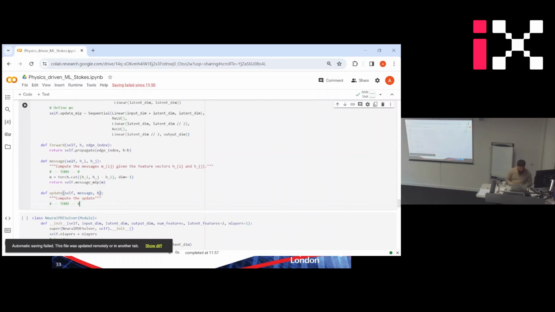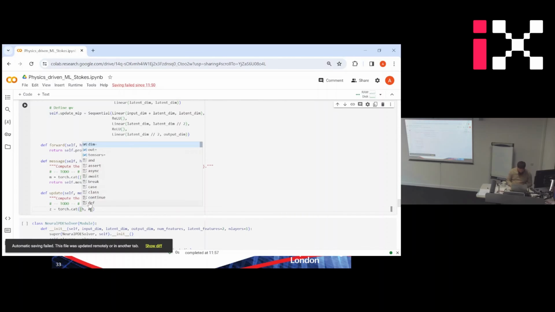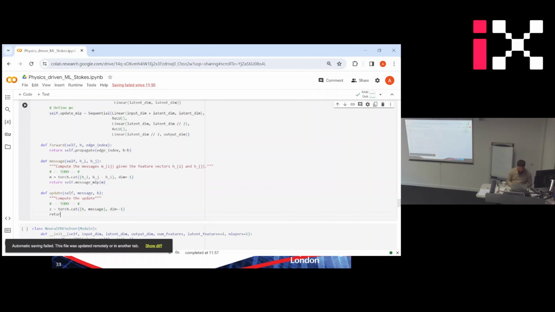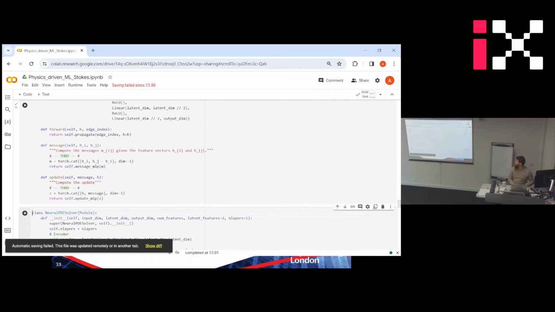So we'll do the same thing, torch cat again. What I will do is I take the h and the message, and I concatenate in the last dimension. And then once I've done this, I apply the multi-layer perceptron. So I do update MLP on Z. All right, is that good so far?